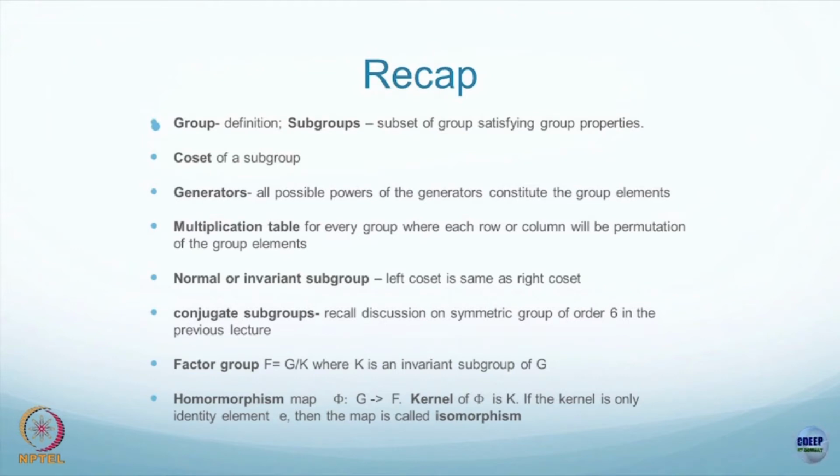Normal or invariant subgroup, in this case left coset is the same as right coset. Conjugate subgroups, remember that we said that for the symmetric group you could write the conjugate subgroups. Which were the conjugate subgroups?